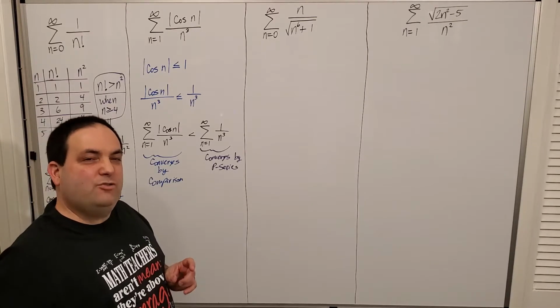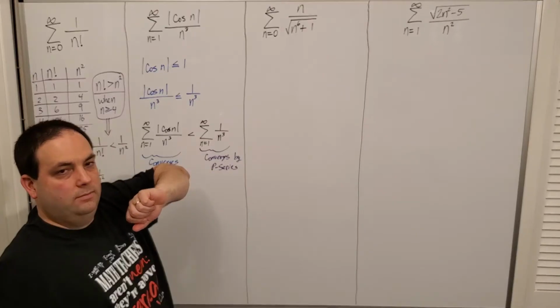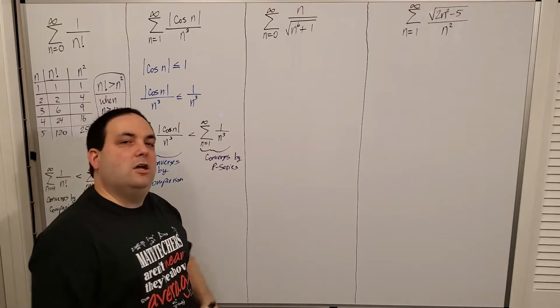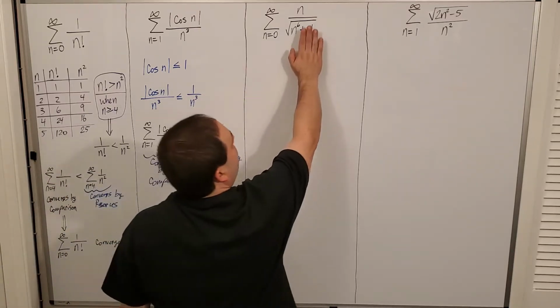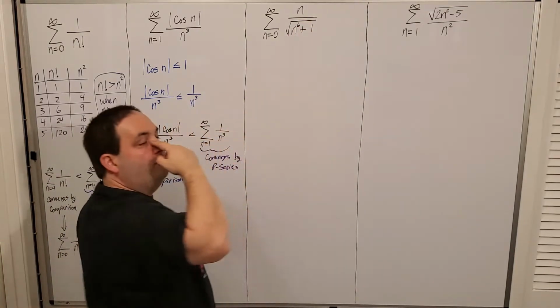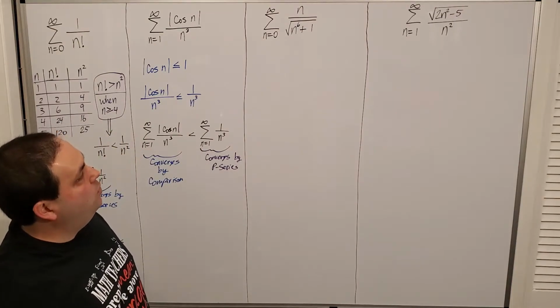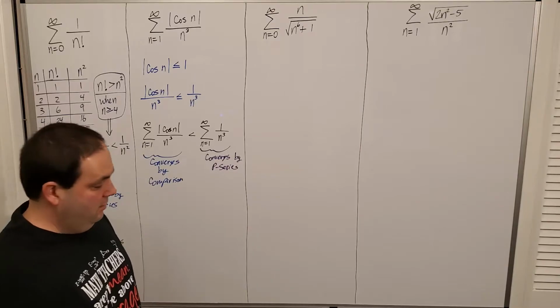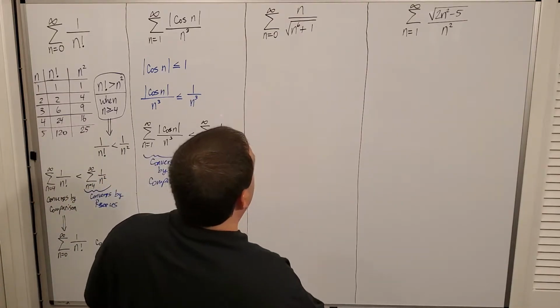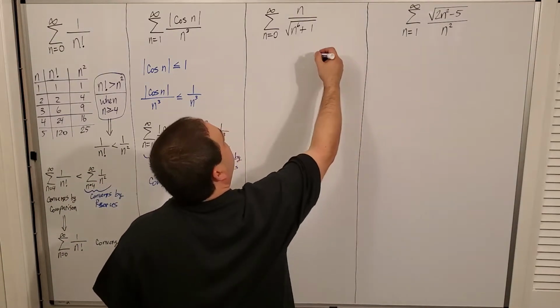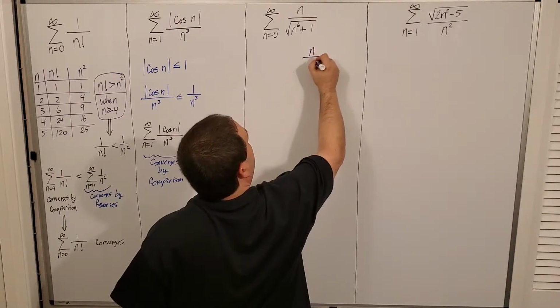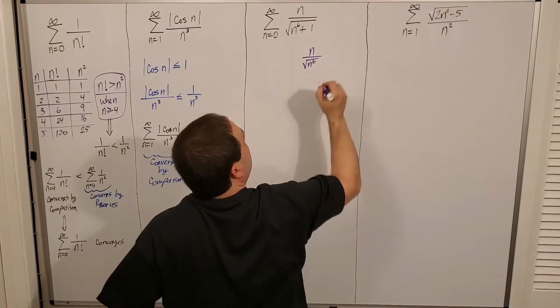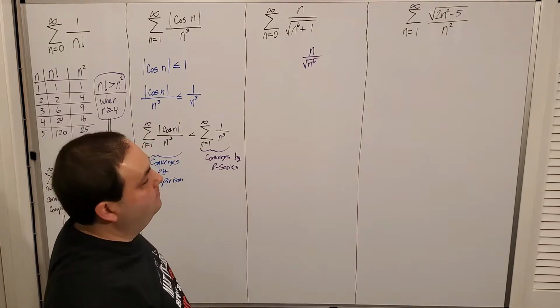If you have these extra pieces like the plus 1, try covering those up in your mind for a second and looking at what you would have if you didn't have that plus 1 there. It would look like n over the square root of n to the 6th.